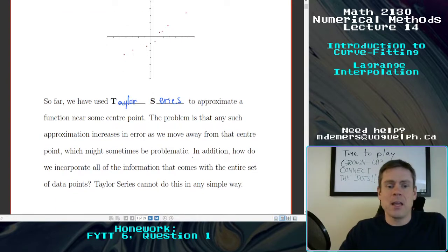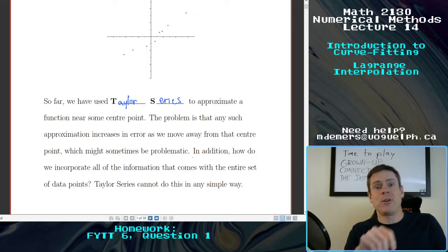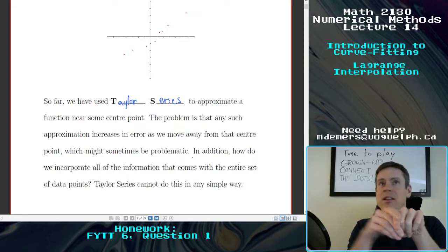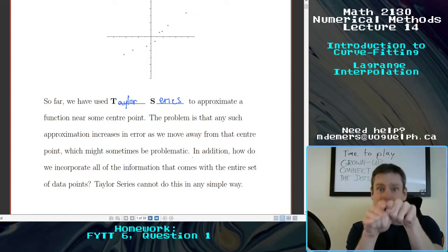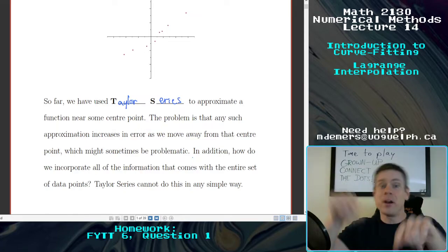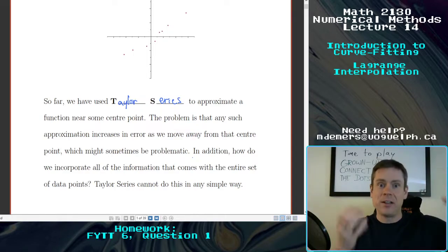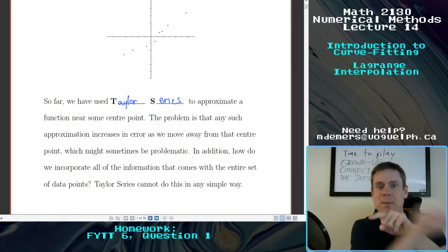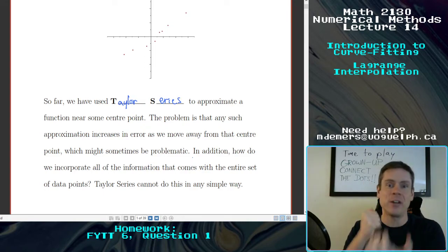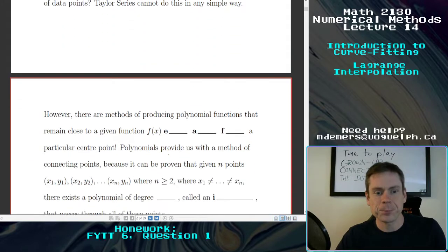So in addition, how do we incorporate all the information? If we know that the data we have might be accurate not just at this point, but also at this point, and this point, and these points, and so on, I can't have a Taylor series that hits all of them at the same time and is perfectly accurate at each one. So we need some different kinds of tools here.